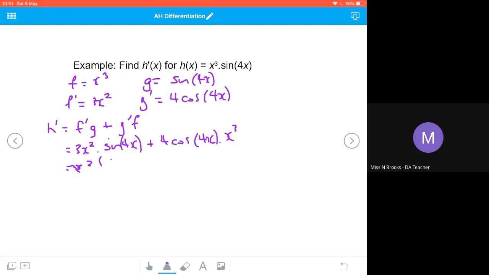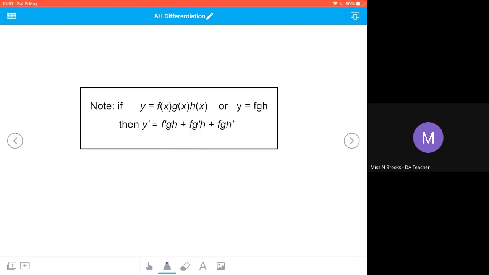And inside my bracket, I'm going to end up with 3 sine 4x plus 4x cos 4x.